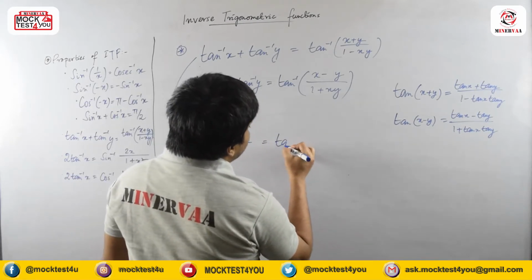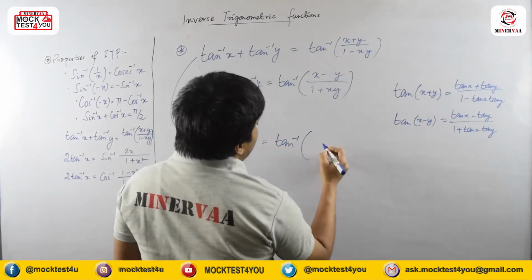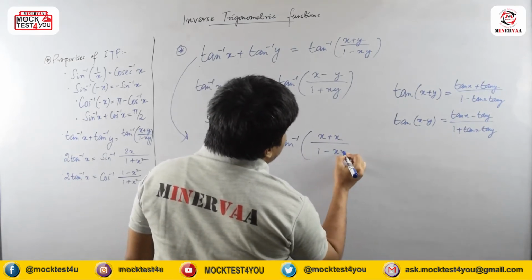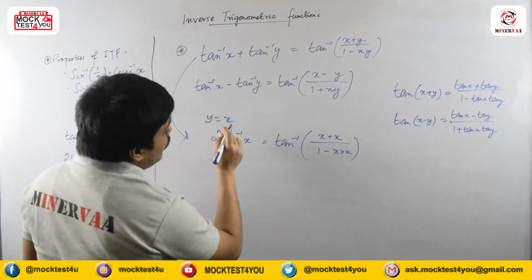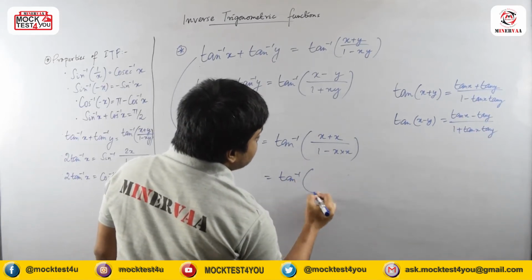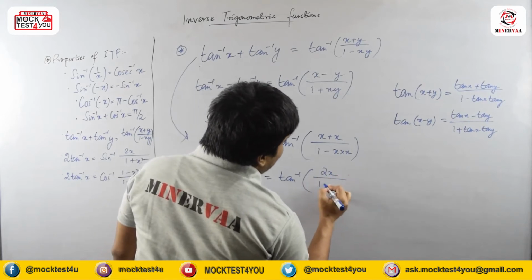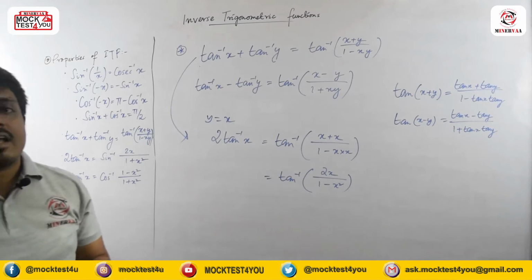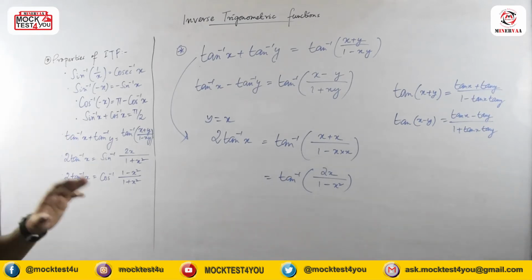And this side we have tan inverse of (x plus x) divided by (1 minus x into x). So the formula of 2 tan inverse x is tan inverse of 2x divided by (1 minus x squared). That's the formula of 2 tan inverse x. Now this one is done.